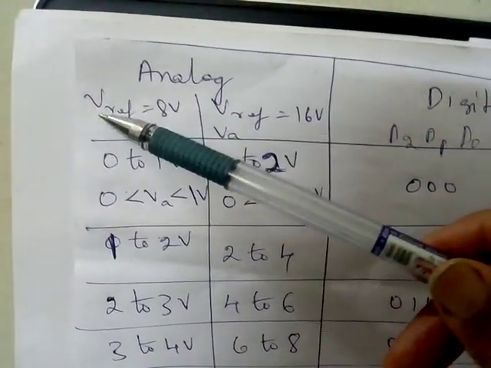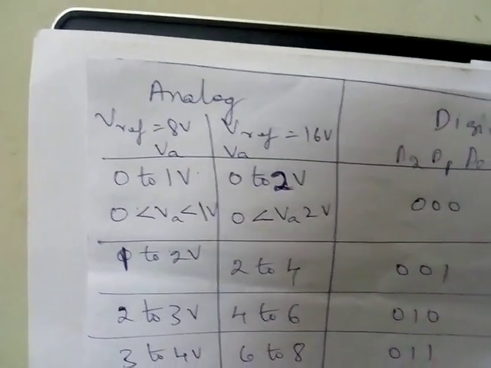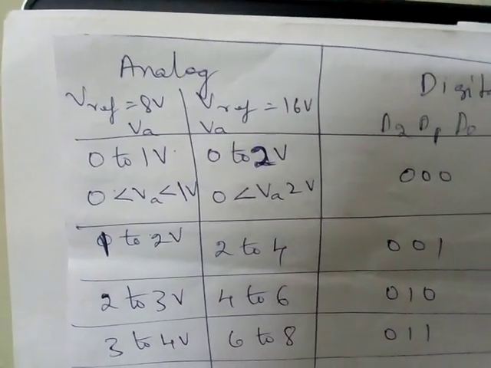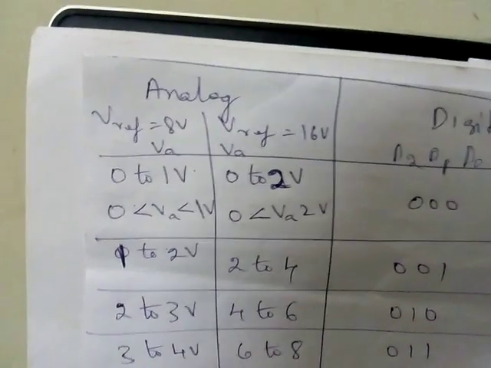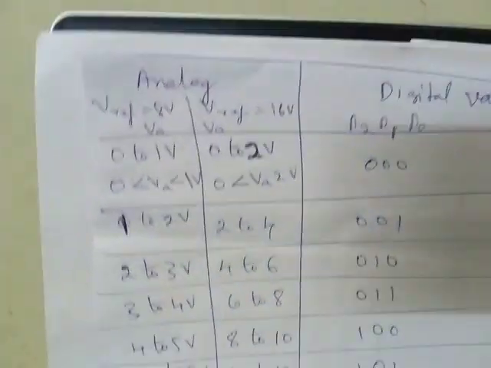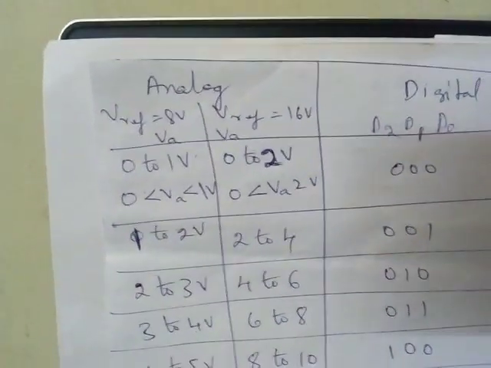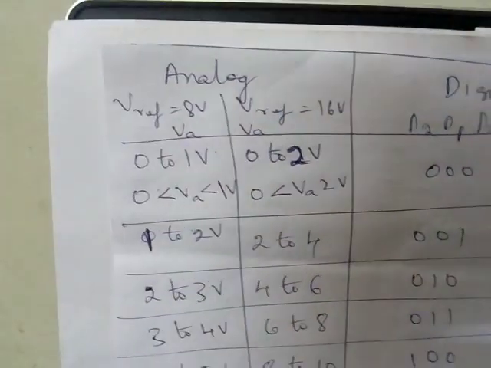This is called V reference. V reference means the maximum voltage which can come on the analog side, the maximum analog voltage that can be applied to the ADC, or the maximum voltage which you get in the environment. Accordingly you have to select the ADC.